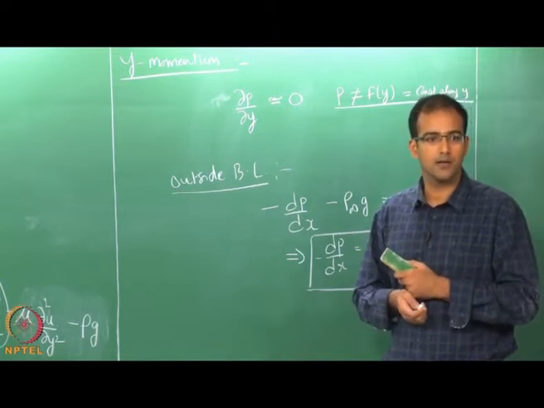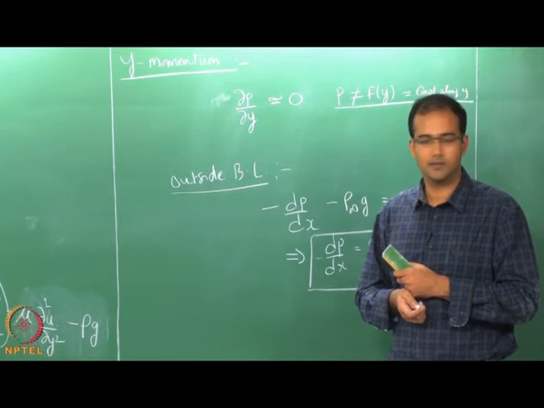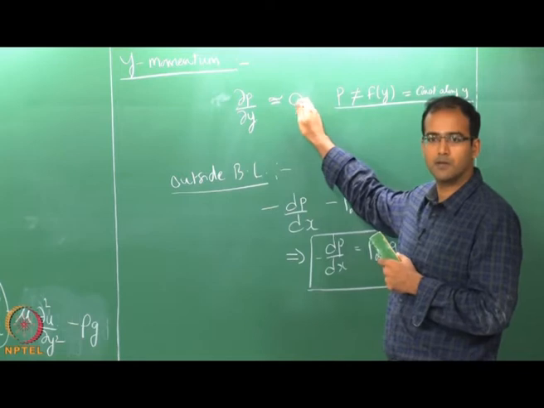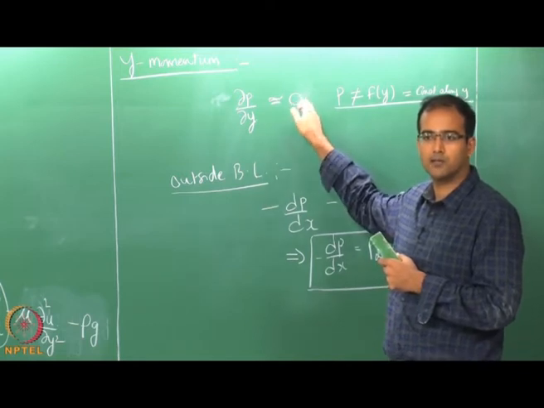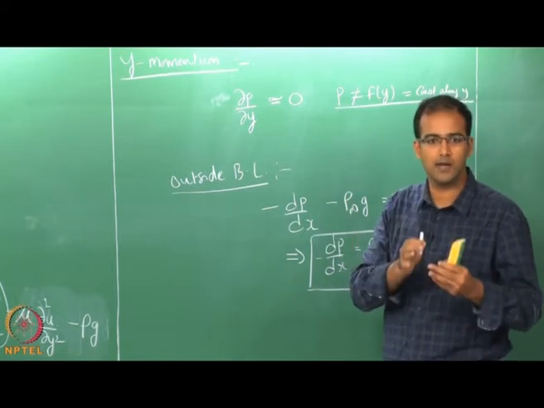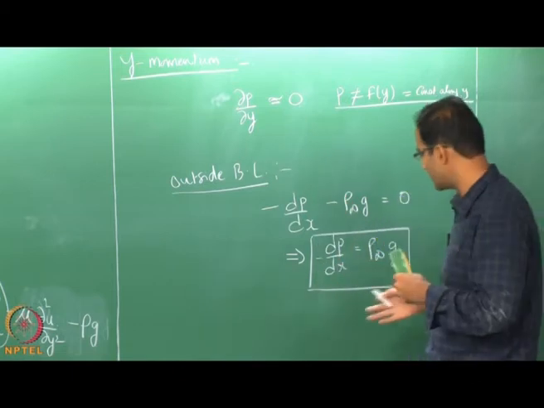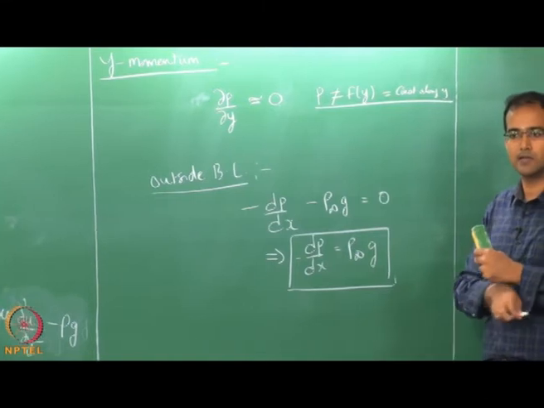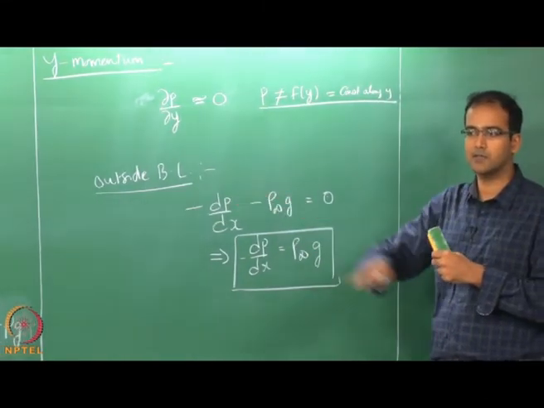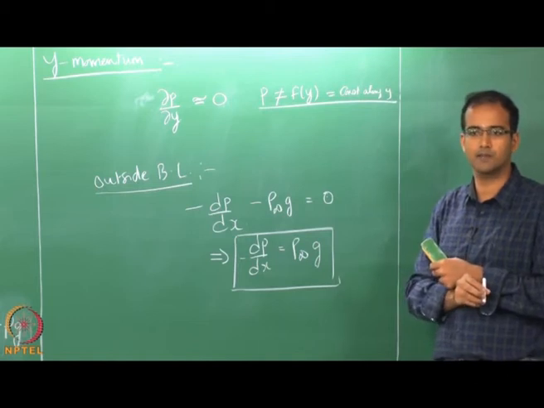In order to simplify it, we take it outside the boundary layer, and we see that already from the momentum equation we get the clue that there is no variation of pressure along y. So, dP by dx does not matter whether you calculate inside or outside, and outside it simply is equal to the gravitational acceleration.